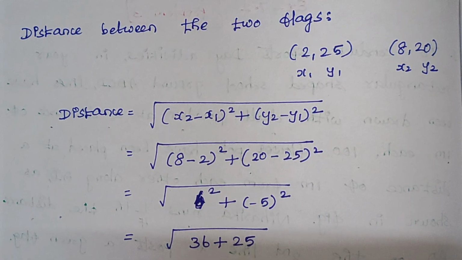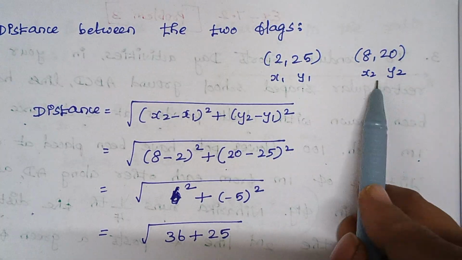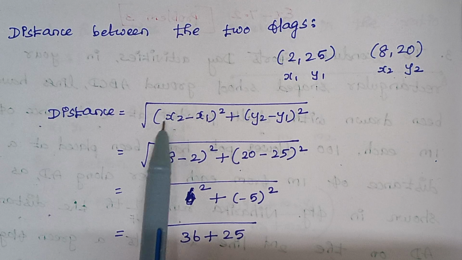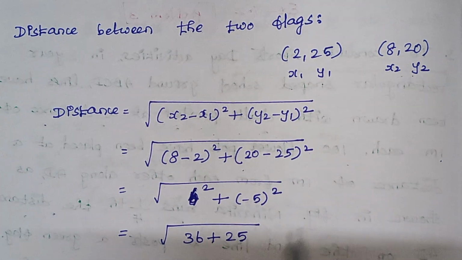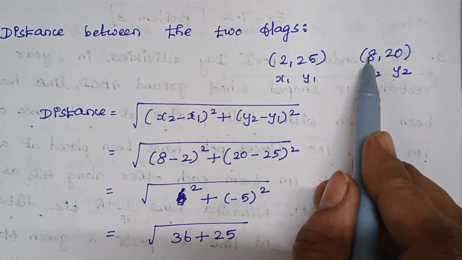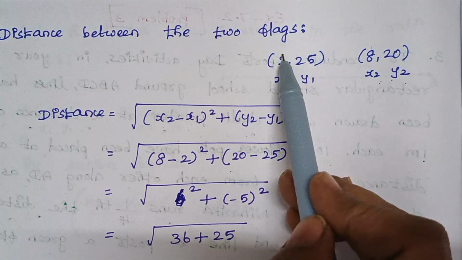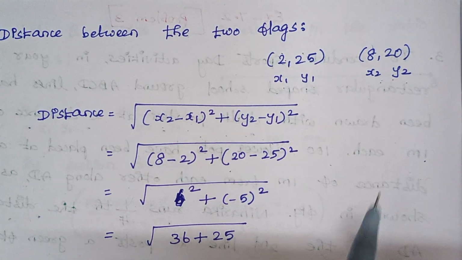Now we are going to find the distance between the two flags. So this is my x1, y1 and this is my x2, y2, and we know the distance formula. It is the square root of (x2 minus x1) squared plus (y2 minus y1) squared. So x2 minus x1, so (8 minus 2) squared plus (20 minus 25) squared.